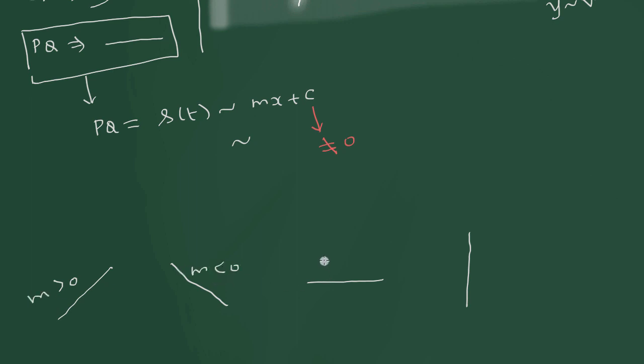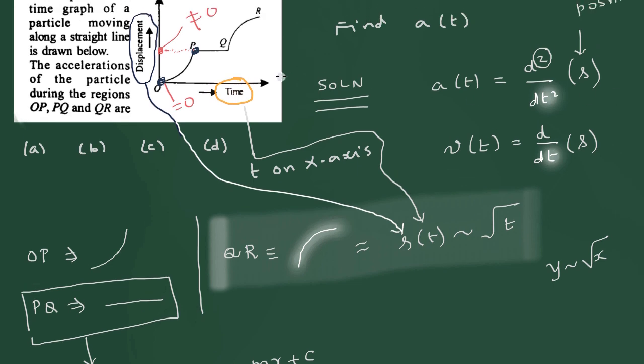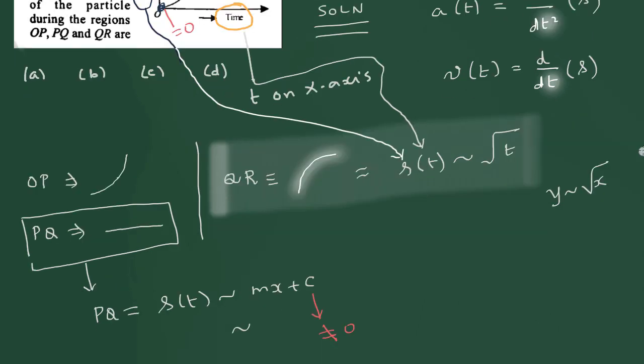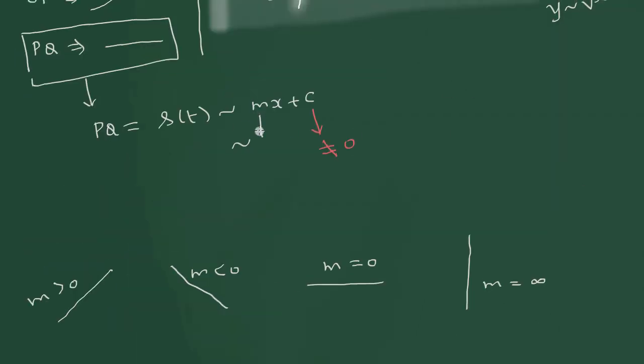In the third case, the slope is exactly 0. And in the last case, the slope is infinity. These are the only 4 ways you can draw a straight line. And if you see the question paper, you have a perfectly horizontal straight line. That is clearly visible here. This region PQ is a perfectly horizontal straight line. And therefore, what will be its slope? This m is equal to 0.